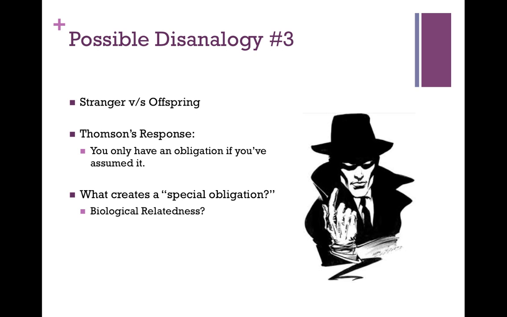I mean, think about egg donors or sperm donors. Do they have a special obligation to the children that are produced from their eggs or their sperm? Surely not, but there's a biological relatedness there. So what produces this kind of special obligation? What produces this at all? And what she says is that you only have a special obligation if you've assumed it.